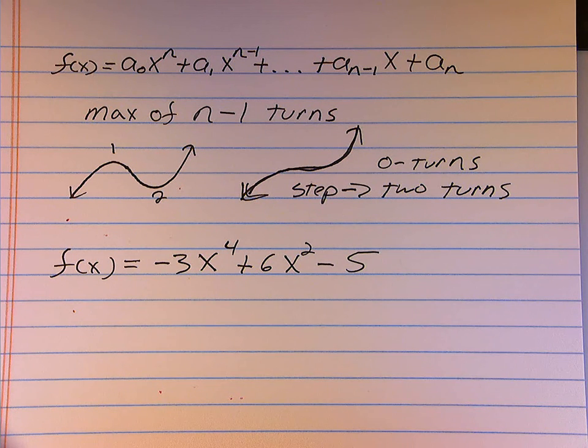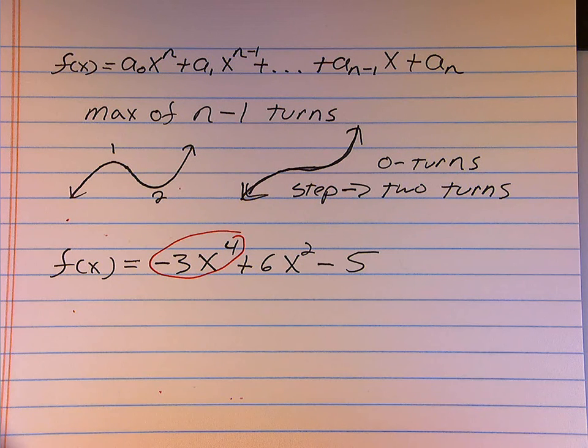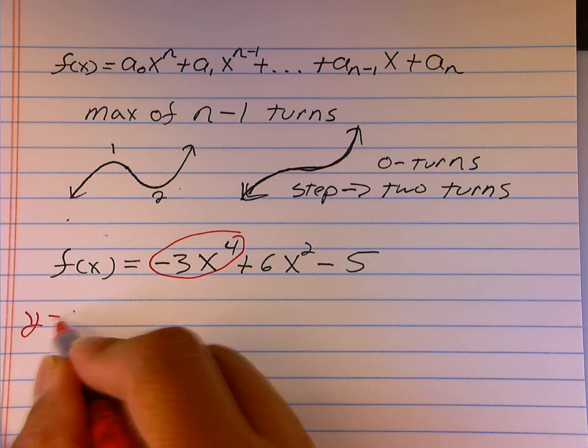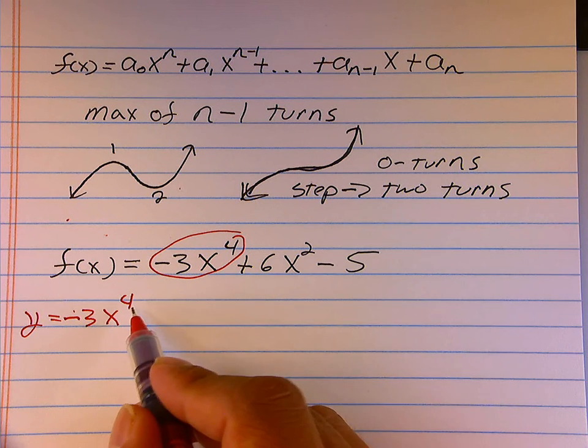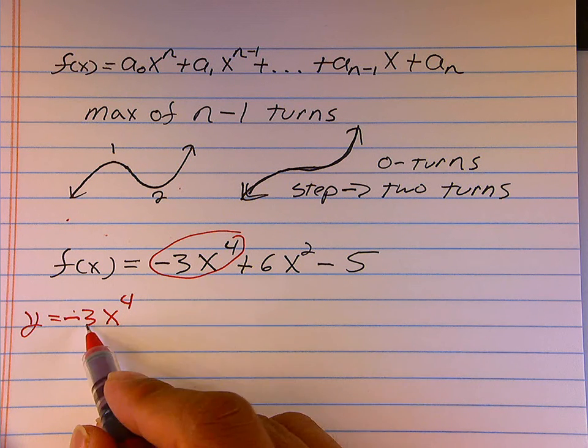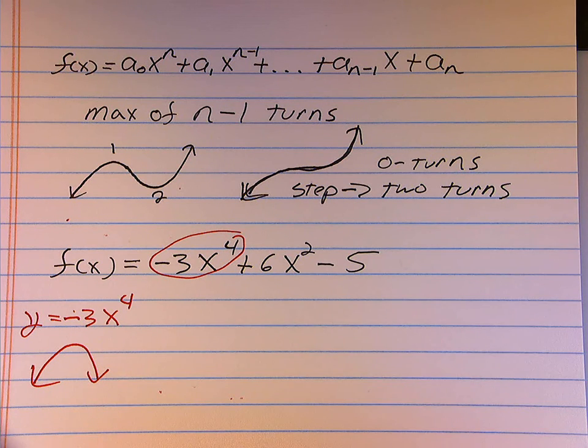I'm going to tell you everything I know about this polynomial function at this point. I know that since my lead power function is a 4th degree power function, the graph of that power function opens both up or down, and I know that because it's negative that both sides open down.